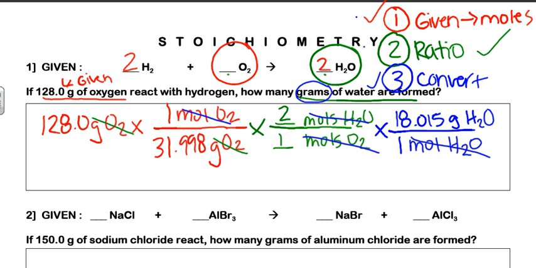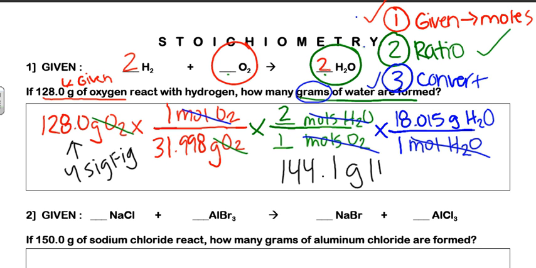Well, I don't want to write all that down. Remember, you have to round to significant figures. Because there are 4 sig figs in my given, I have to round to 4 sig figs in my answer. So my final answer for this problem will be 144.1 grams of H2O.